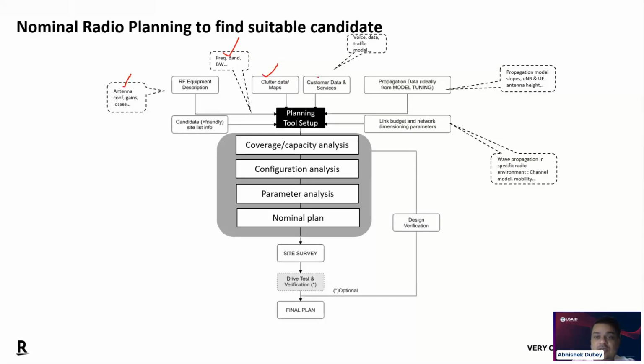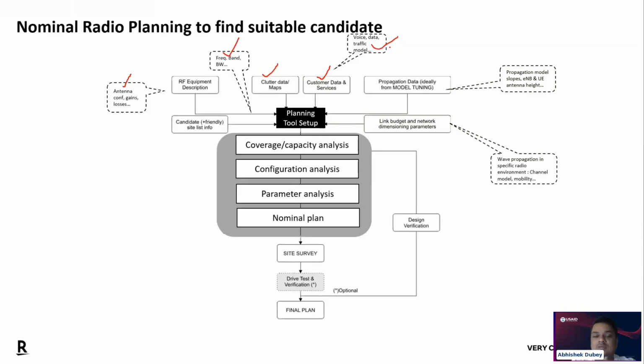You are going to use the customer data and the services in the prediction, that is, what voice or data traffic model they are going to choose. Okay, this is required because maybe one customer prefers to have more dominant voice traffic rather than data traffic. So accordingly, you have to see the traffic modeling.